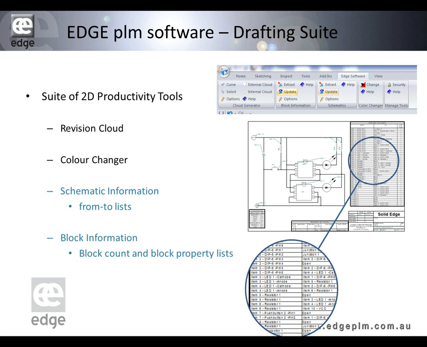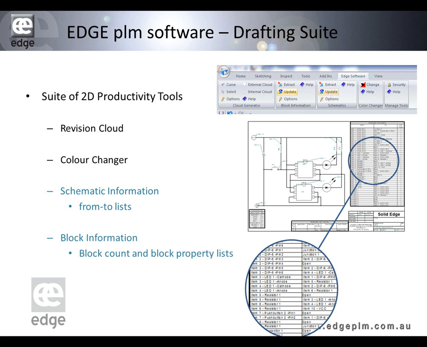And we've got a revision cloud. These are for drawing both internal and external revision clouds. I'm not going to show you that. And there's a little tool called a color changer. These are both productivity tools for people who are working in drafts and making changes in the drafts. The revision clouds are used widely by the infrastructure and construction industries, as is the color changer.